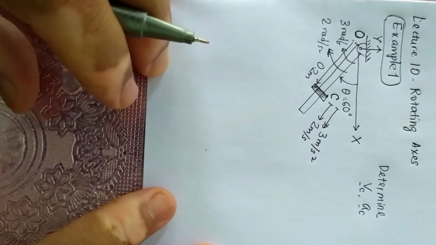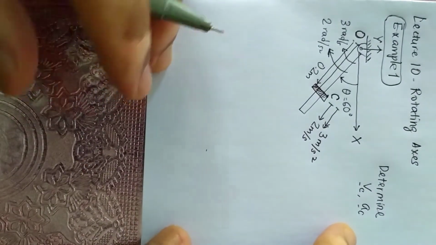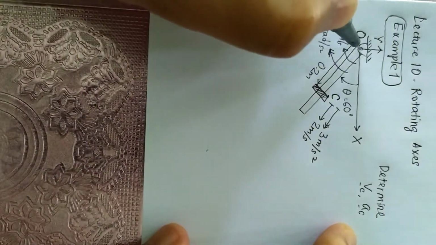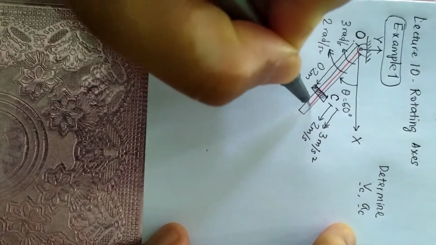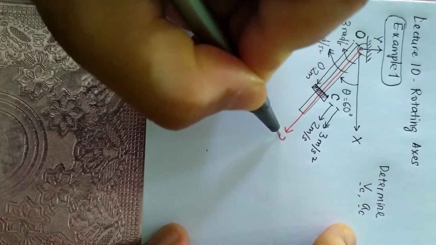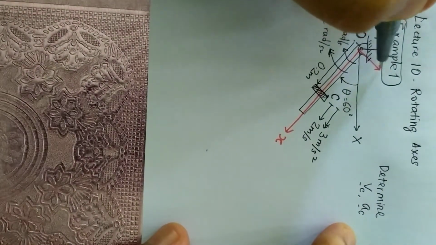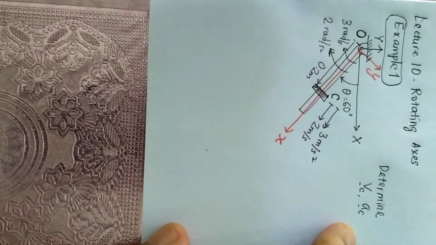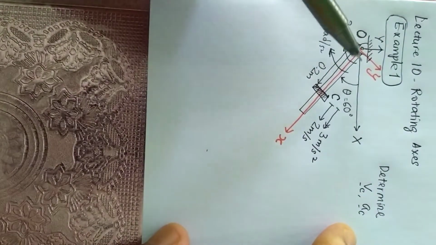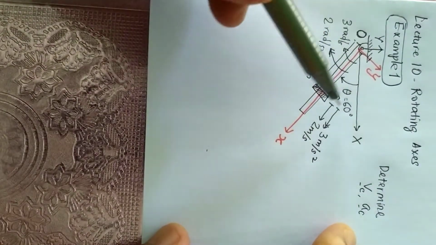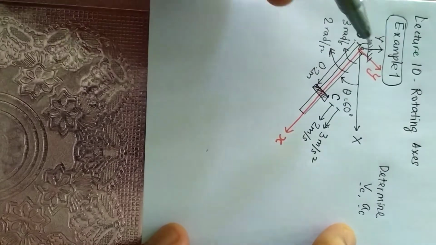So at this point we will take the rotating axis as sharing the same origin as the global system. So this is our small x and small y, and this rotating axis xy is rotating together with the bar.